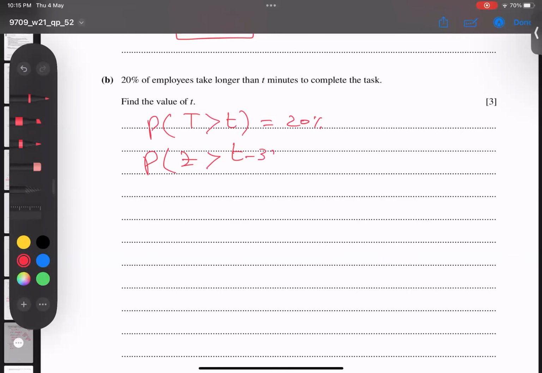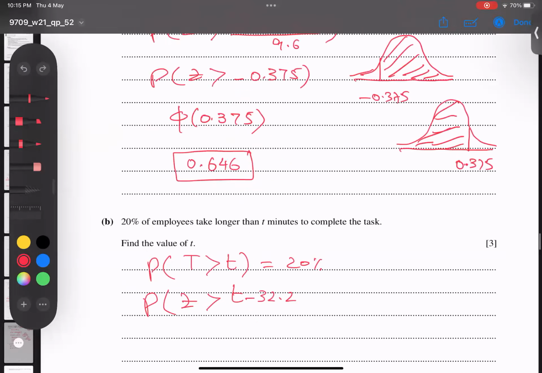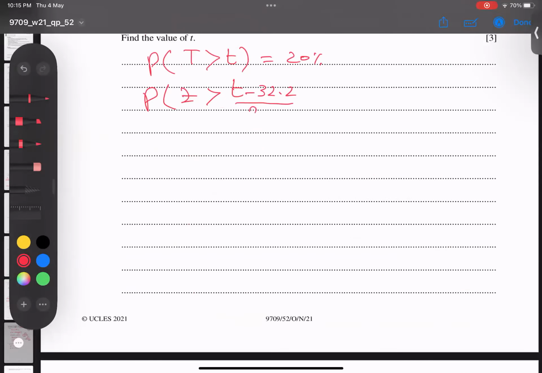The mean is 32.2 and the deviation is 9.6. And 20% divided by 100 is 0.2. I hope that is clear. Now I give this a name, a: let's say T minus 32.2 divided by 9.6 is a, which makes the question easier.